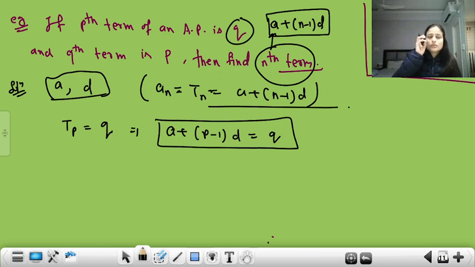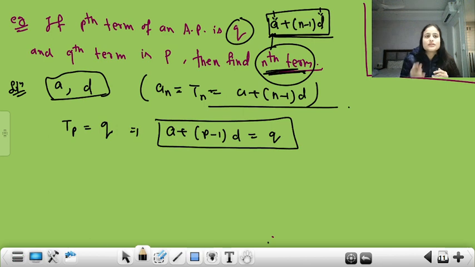So on the basis of the given information, I will find A, the first term, and also the common difference. Once I get them, with the help of this formula I can easily get the nth term. Getting my point? So that's why we have to use the given information.